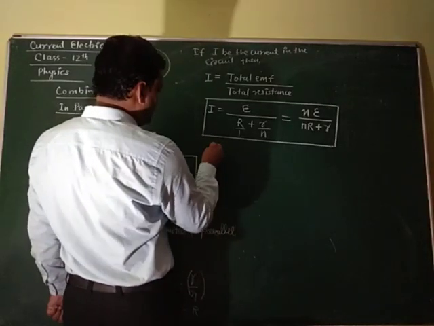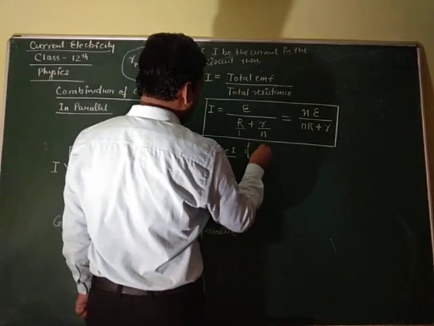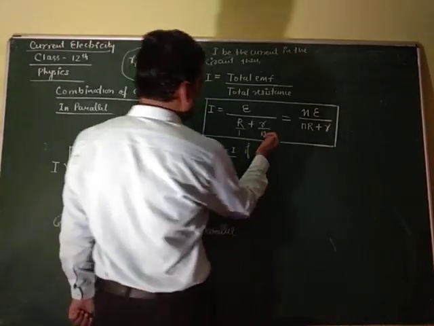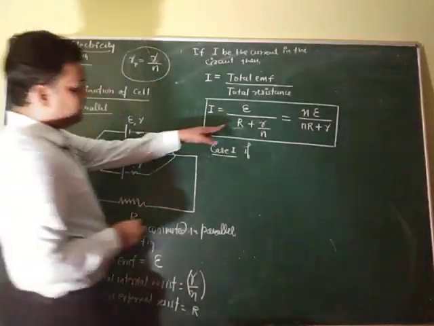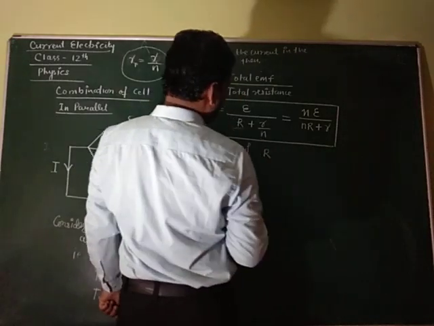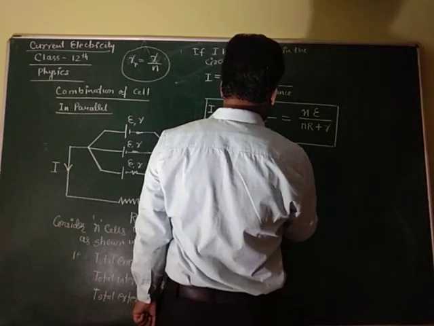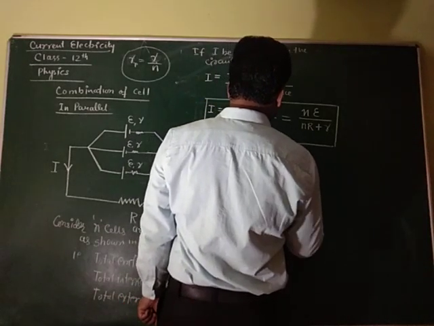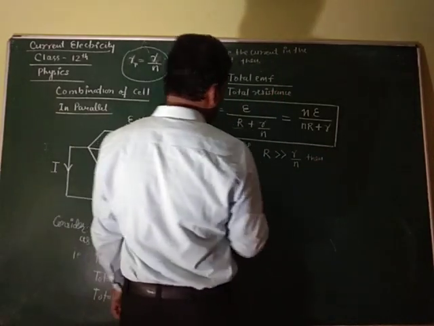Again, case 1. If the external resistance is greater, if R is much greater than r by N, then what will happen?